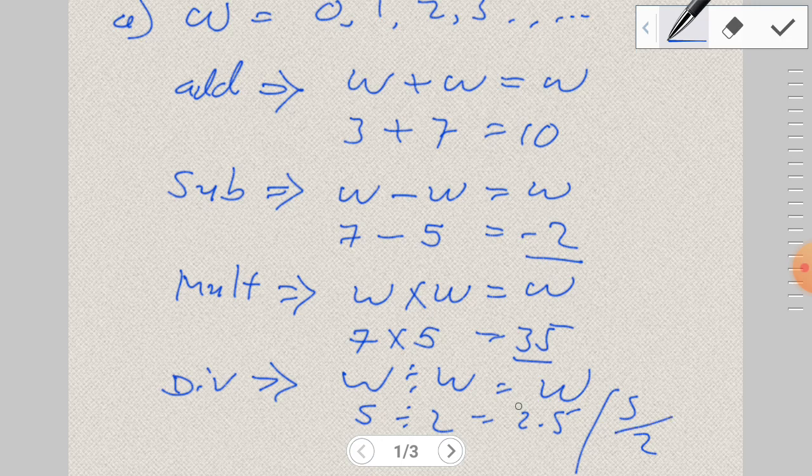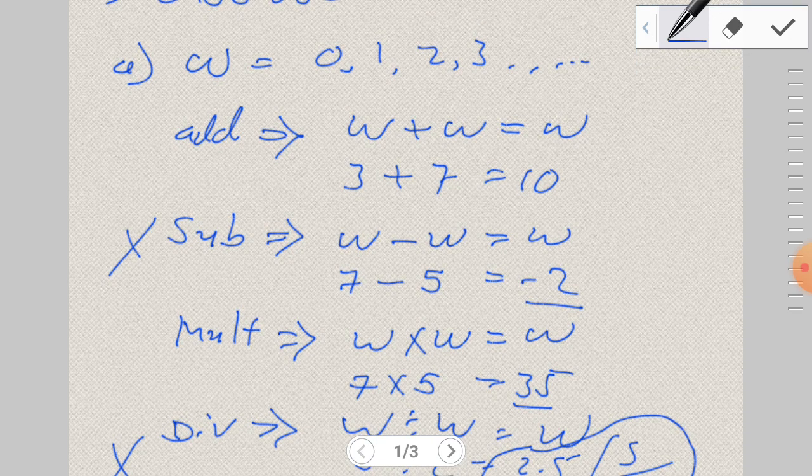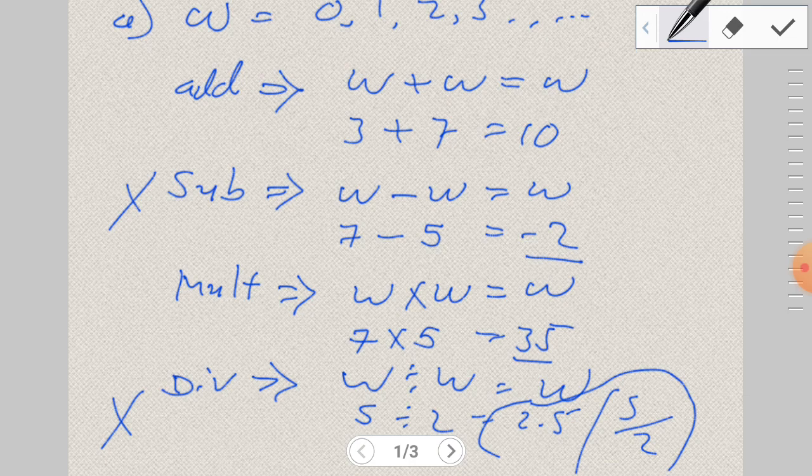Both types of answer are not in whole number form. So division and subtraction cannot satisfy the rule of the closure property. That means whole numbers are not closed under subtraction and division.